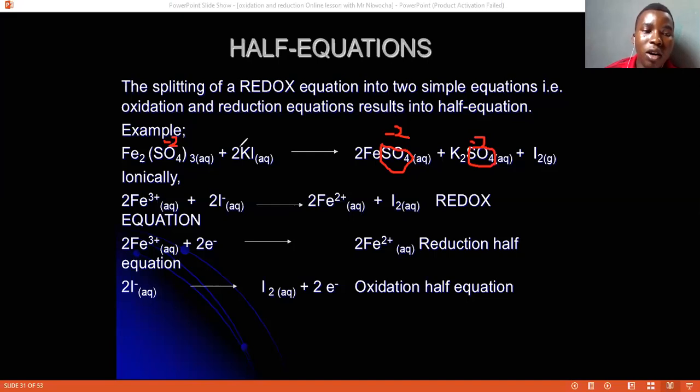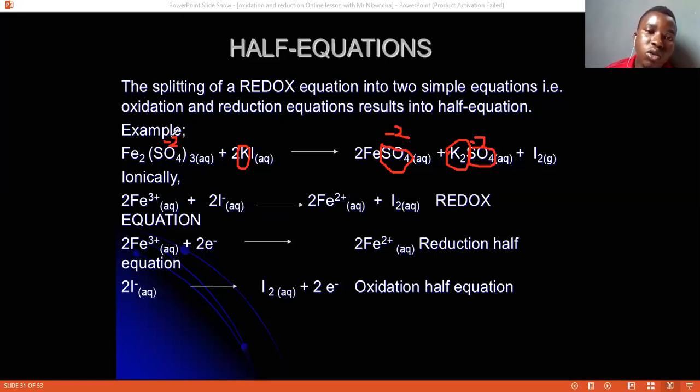Look at potassium here. Potassium here is plus 1. Potassium here is also plus 1. It did not change. It's a spectator. That's why when I'm writing the ionic equation, I did not include both potassium and sulfate, because they are spectator ions.